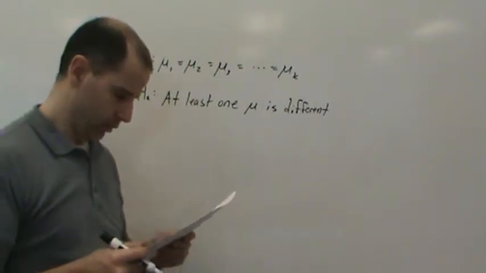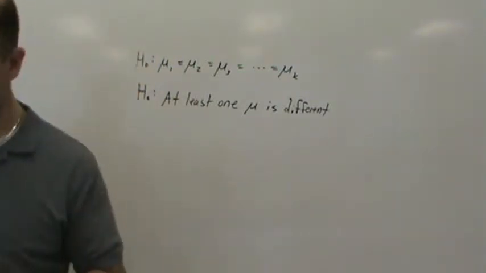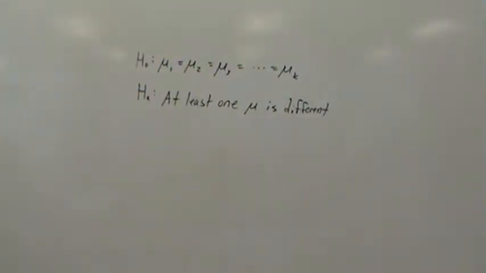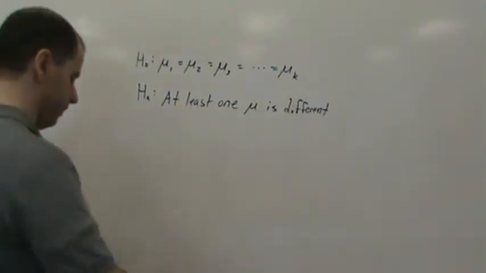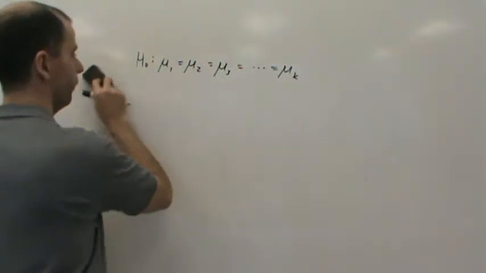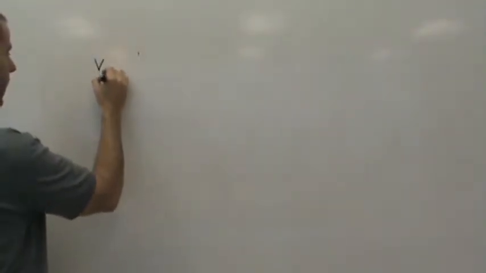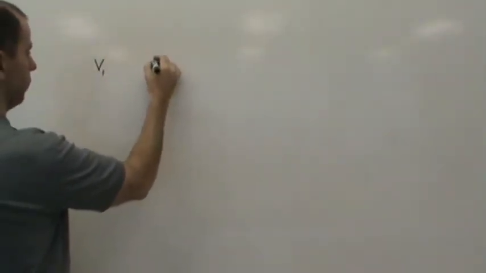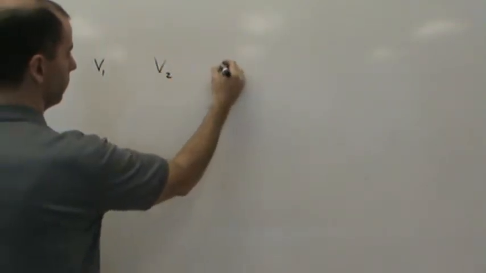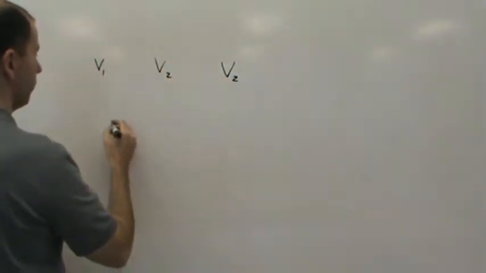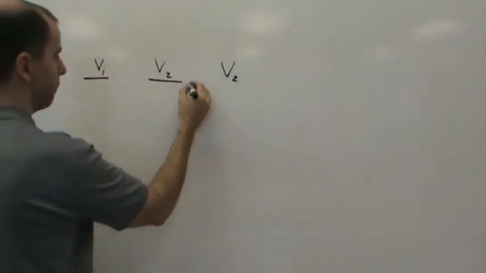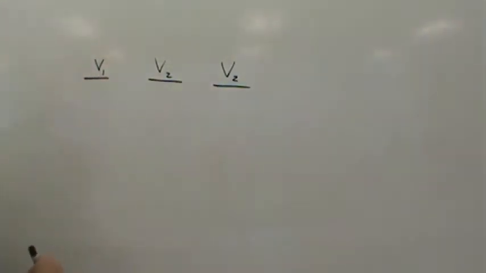Okay, so now here's how the test works. Let me use an example. Let's say I have 3 vats of liquid, and this represents my 3 populations, right?